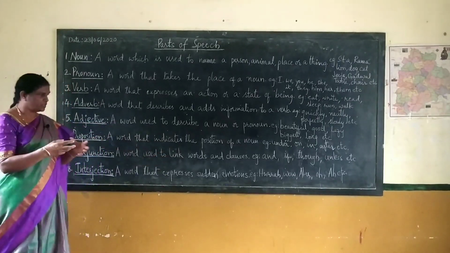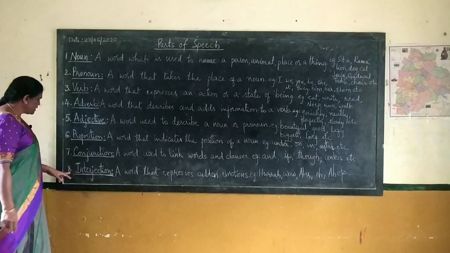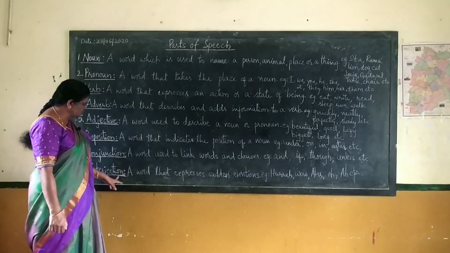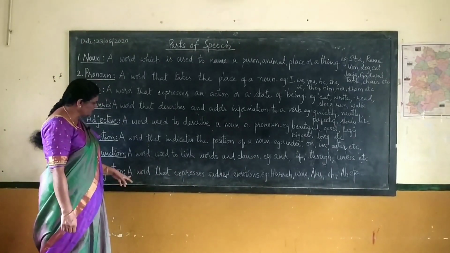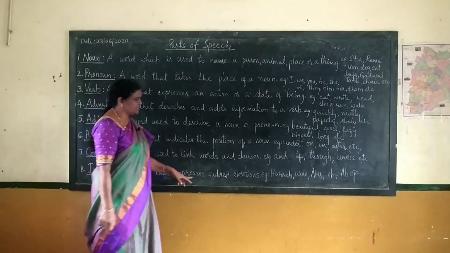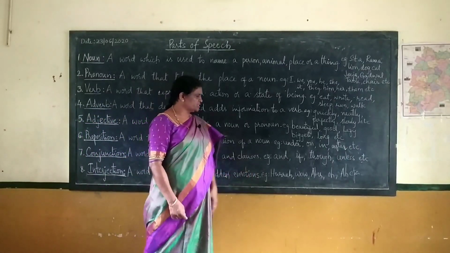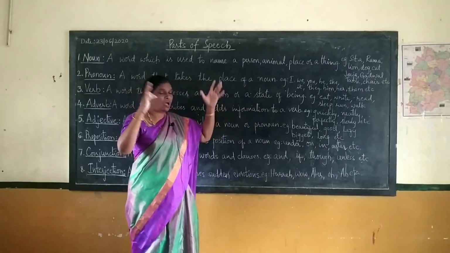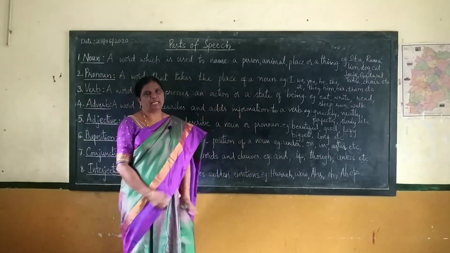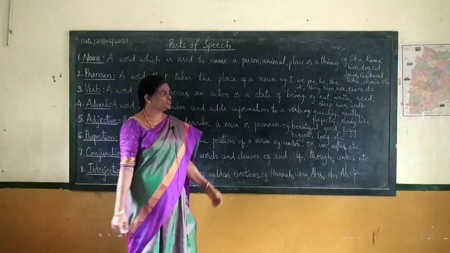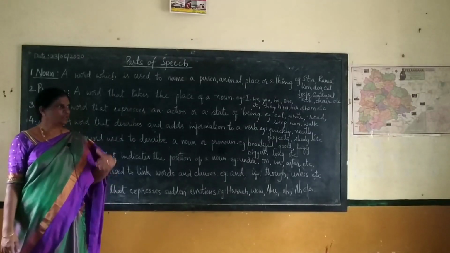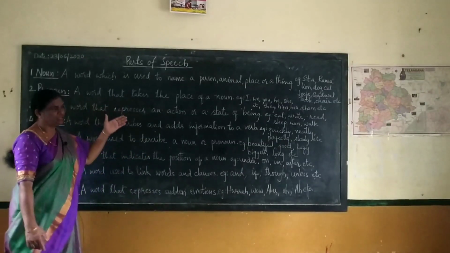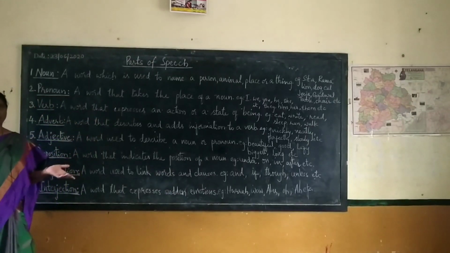They join the words. And what is an interjection? An interjection is a word that expresses certain emotions like hurrah, wow, oh, ah, alas, like that. See, children, in our later classes, we shall learn about them in detail.